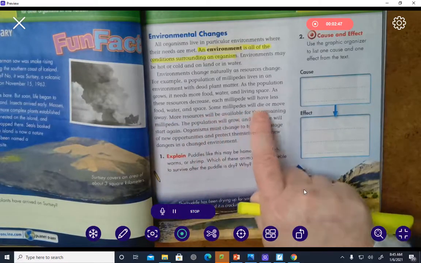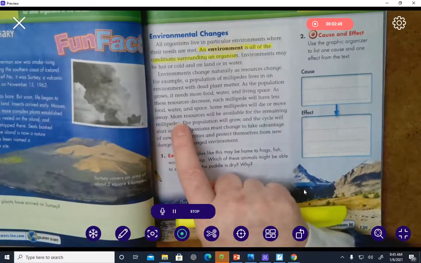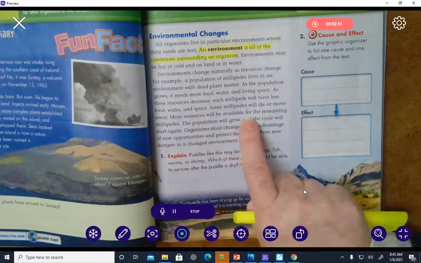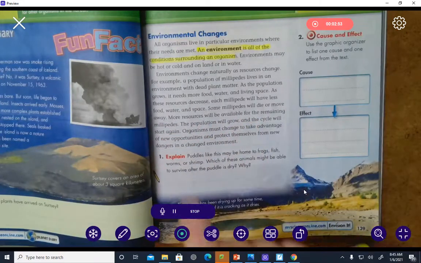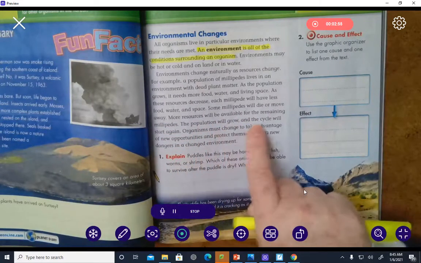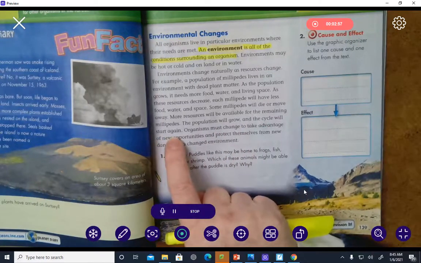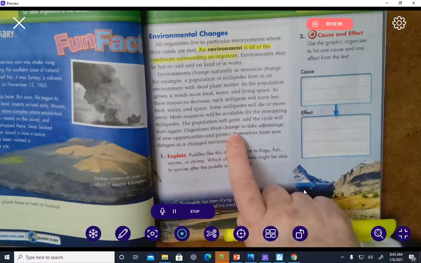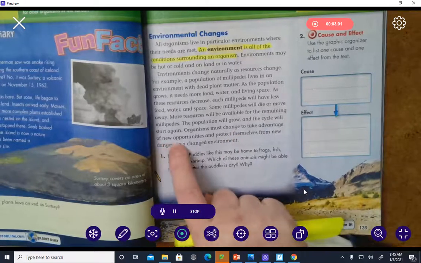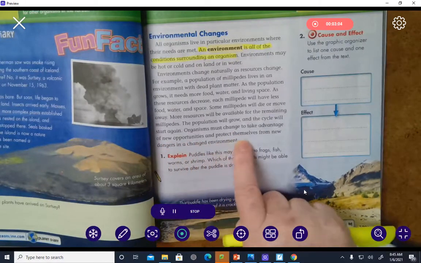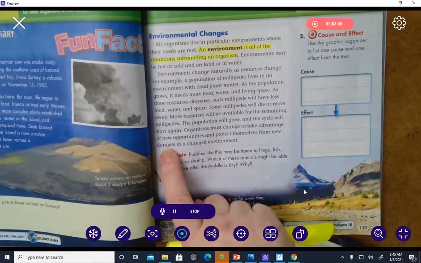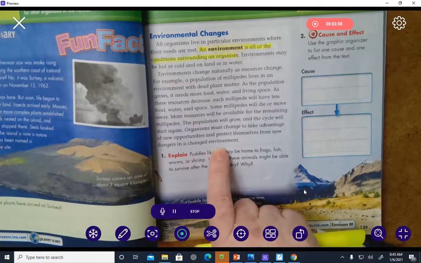Some millipedes will die or move away. More resources will be available for the remaining millipedes. The population will grow and the cycle will start again. Organisms must change to take advantage of new opportunities and protect themselves from new dangers in a changed environment.